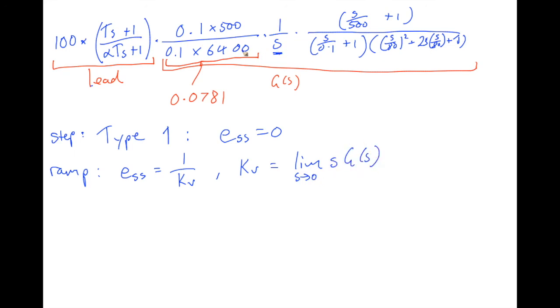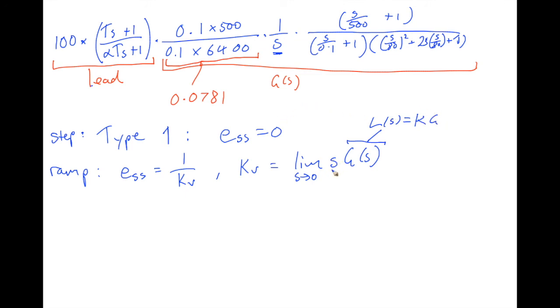Here the G is not just the original system. Actually, we should perhaps write L(s) here, because we're looking for the steady state error for the combination of the controller and the original system. So it would actually be L, which is K times G.